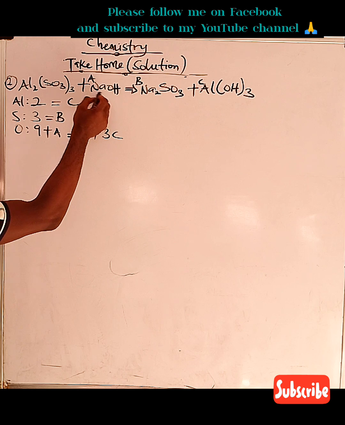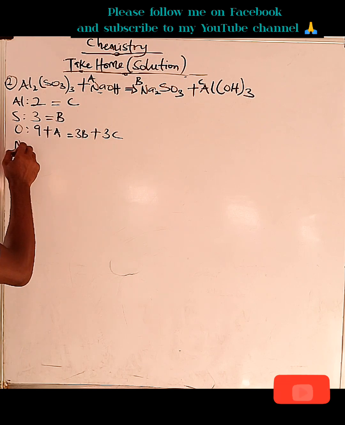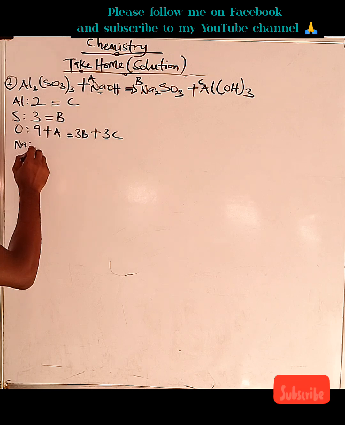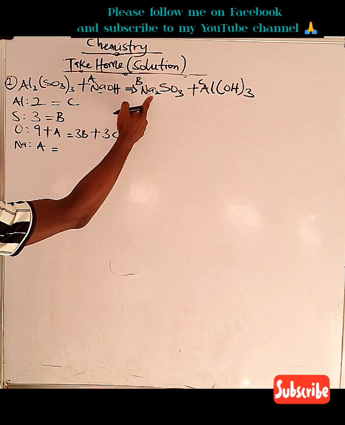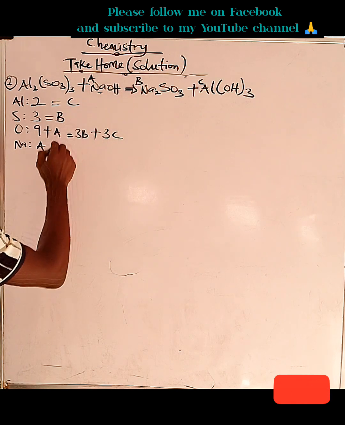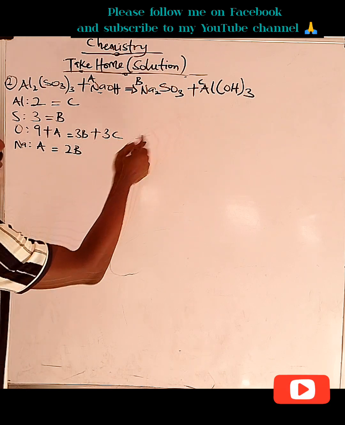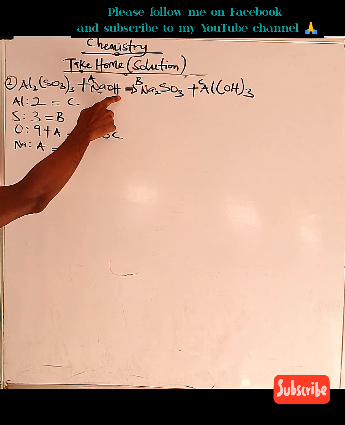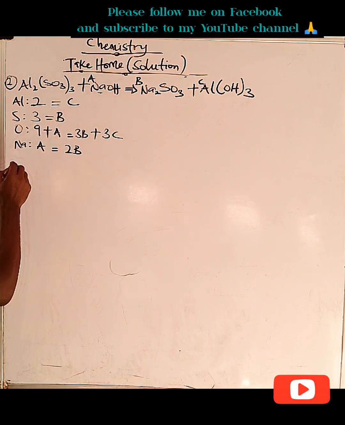The next element we have is sodium. How many atoms of sodium? Just 1 atom, 1 times A is A, equals sodium here 2 atoms, 2 times B is 2B. We're done with that. Oxygen is already worked on. Hydrogen, okay, we've not worked on hydrogen.